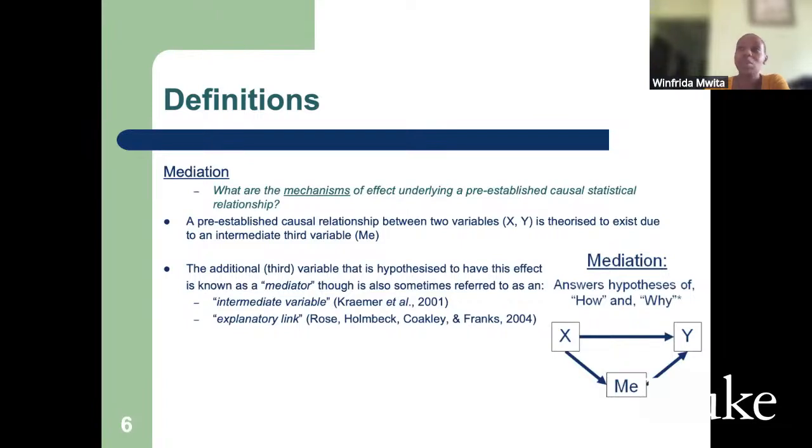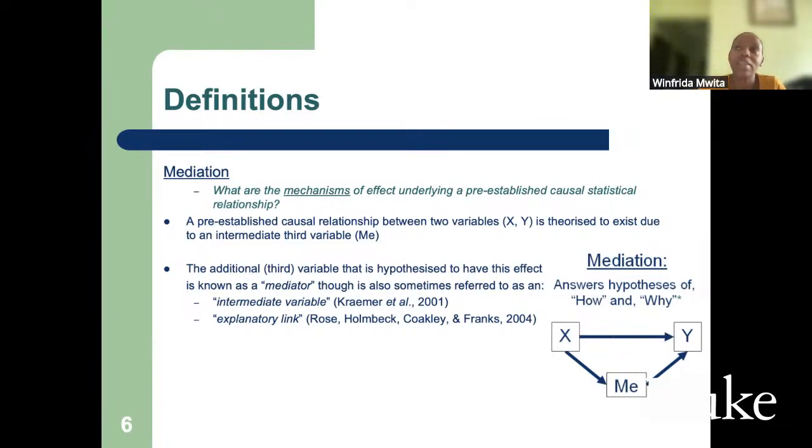So another terminology which I felt is important when you're talking about moderation is mediation. When we talk about mediation, we are referring to the mechanisms of effect underlying a pre-established causal relationship. So you have an existing relationship between two variables, X and Y. It can be theorized by having another third variable, an intermediate variable.